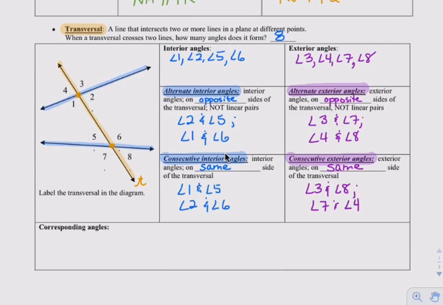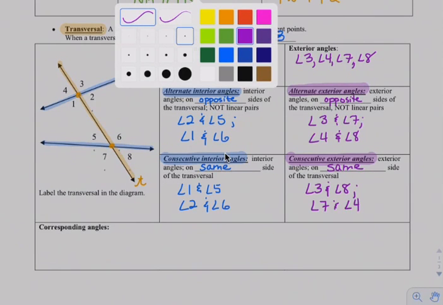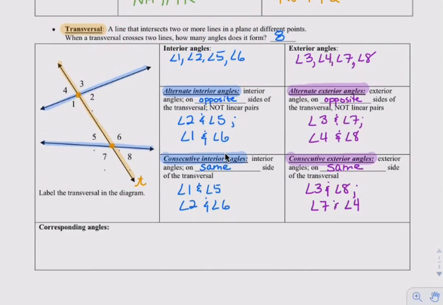Okay, and then the last type of angles that go along with these two lines cut by a transversal are what are called corresponding angles. Corresponding angles are angles that are basically in the same position. Sometimes these are hard for students to see, but let me explain what I mean by the same position. So corresponding angles would be, for example, angle 3, and then what other angle is in the same position as angle 3?